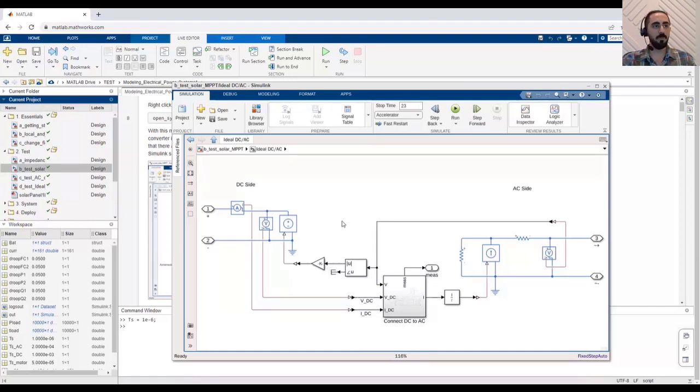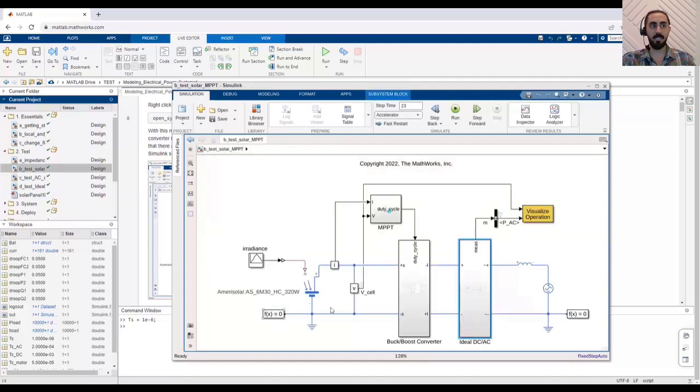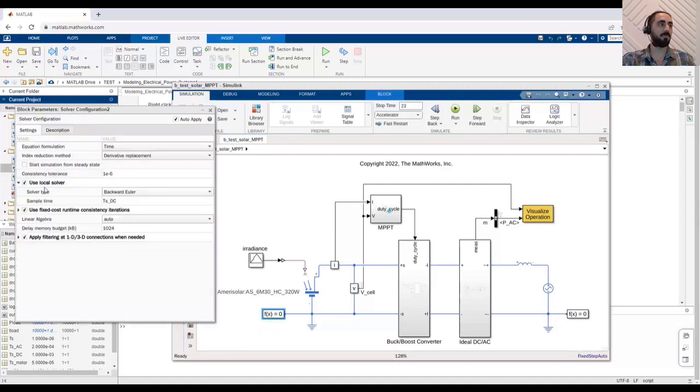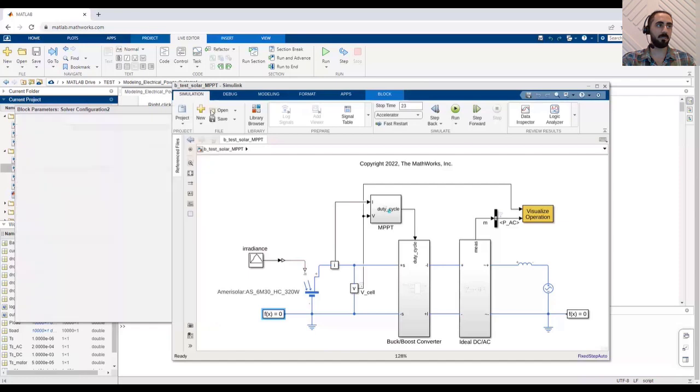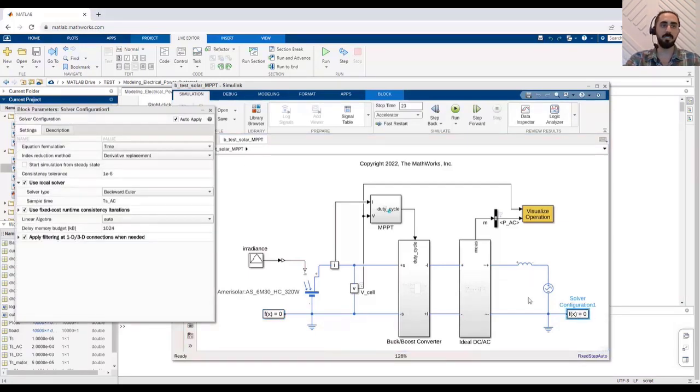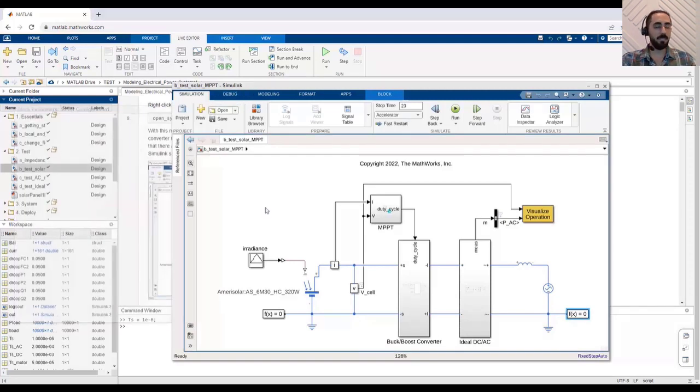Because we have interconnected two networks, the DC side and the AC side, we have two solver profilers, and that lets us set two different sample times: TS_DC, and on the other side, the AC side, TS_AC.